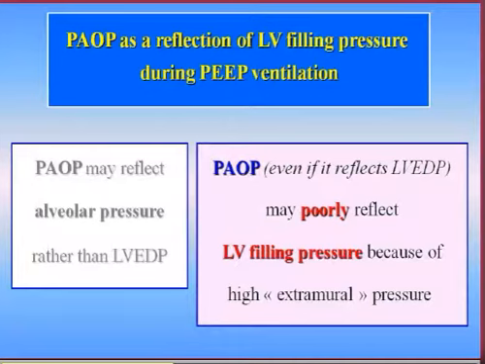There is another problem with PEEP ventilation, which is that even if PAOP reflects left ventricular end-diastolic pressure, it can poorly reflect left ventricular filling pressure because of the problem of high extramural pressure, as mentioned by Daniel De Backer just before.